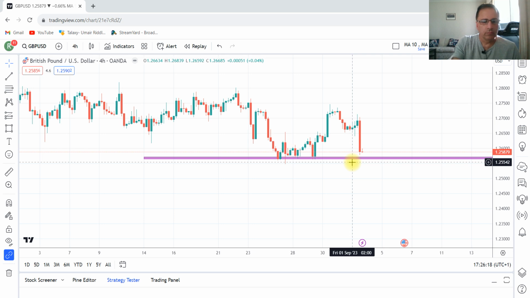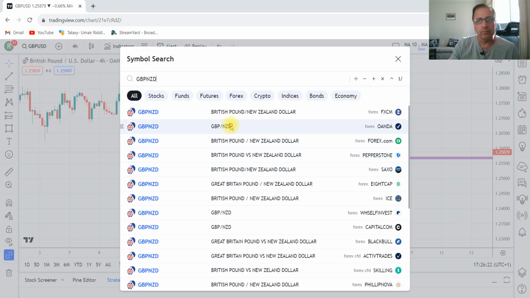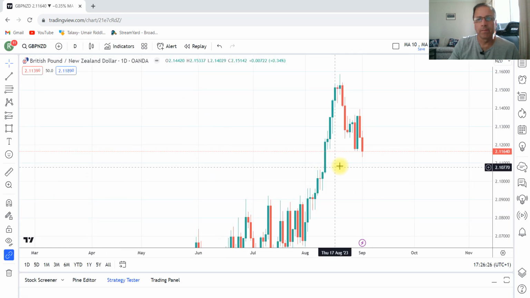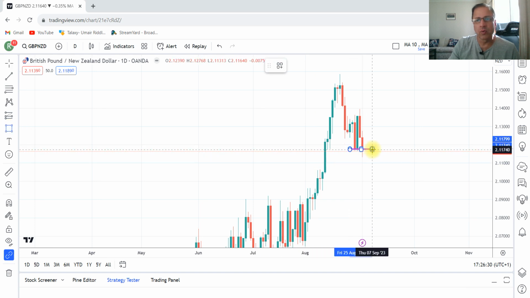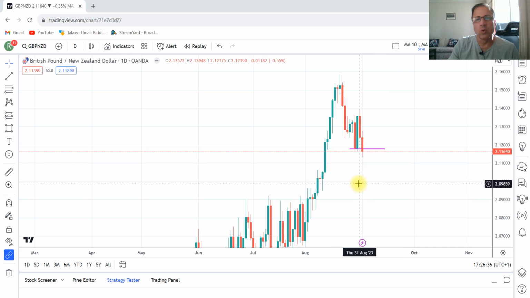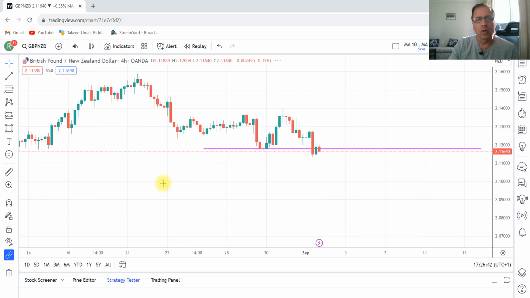Next pair is GBP NZD. A quick look at daily. Okay, so on a daily time frame, it has broken this support and this daily candle has closed below this support level. So 4 hour.